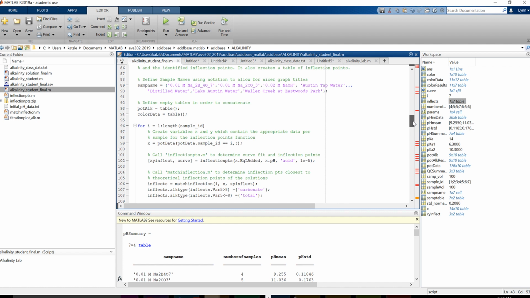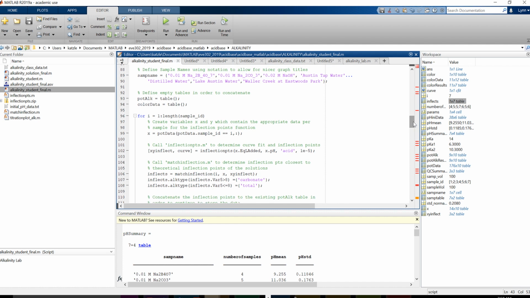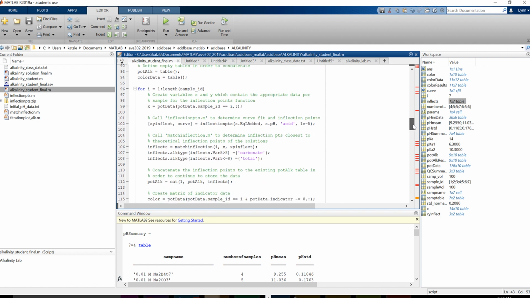Next thing we're doing is starting our for loop. So here's the for loop where we're going to analyze each data set independently. Remember, we've already calculated the equivalents per liter added for each sample, and we're going to use that data to find the inflection points using the inflection points function that we've created.